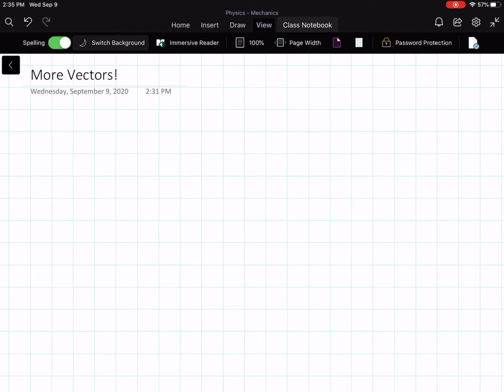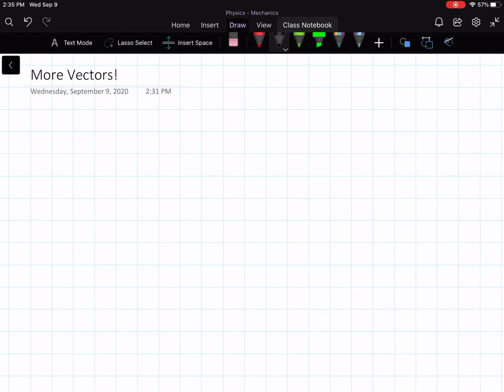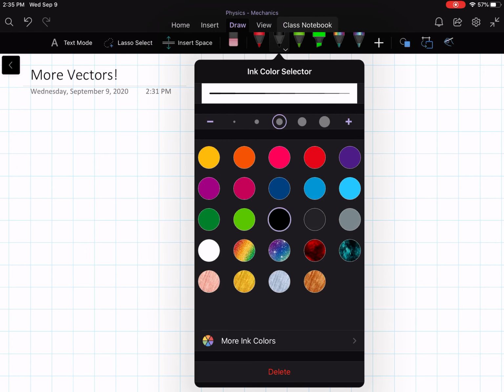This time, instead of in 1D, where it's just a position, positive or negative, on a number line, so something akin to this.